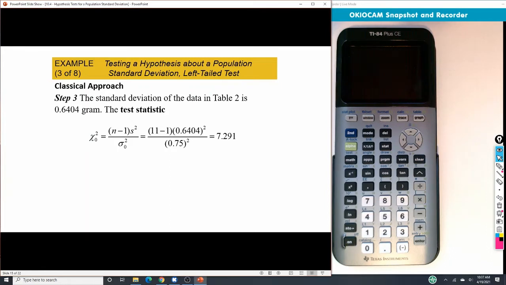Okay, so we can always go back and do that piece. We've been doing that all semester. So we're going to put that table into L1 and find out our s value there. And so that's going to give us 0.6404. And then our standard deviation for this problem is 0.75. And so we want to compare it against that piece, okay? So we put that in our calculator and we get 7.291.